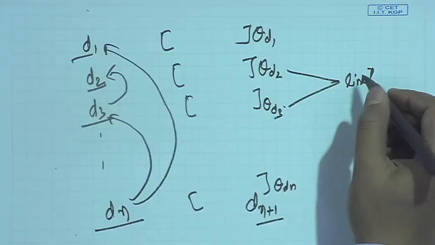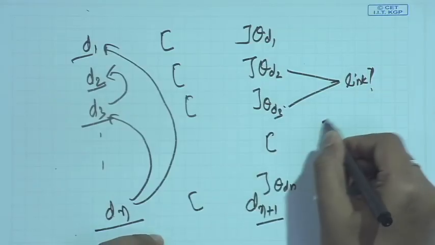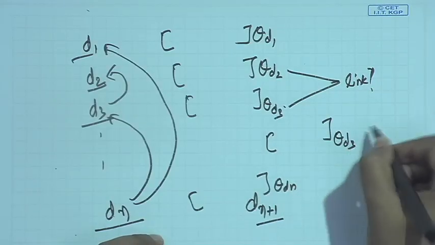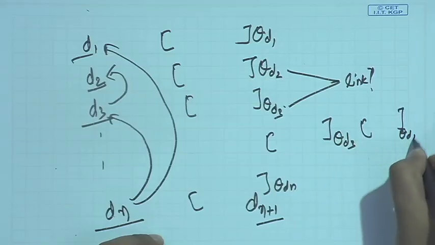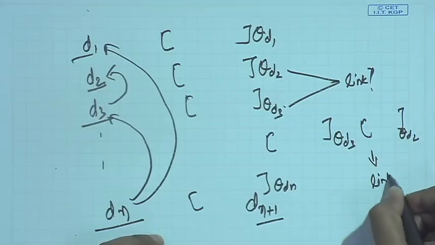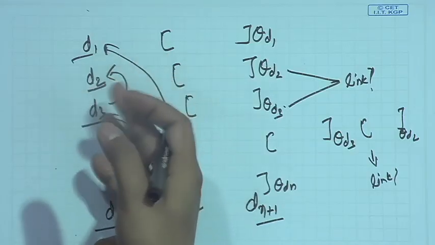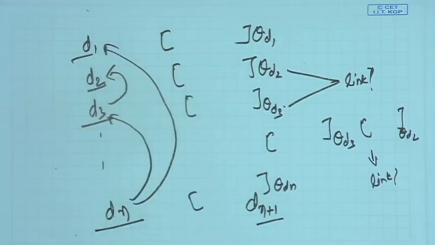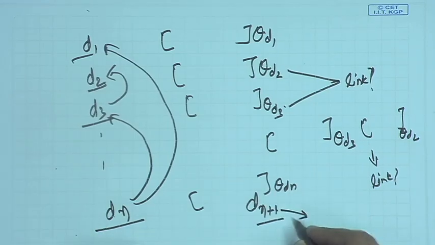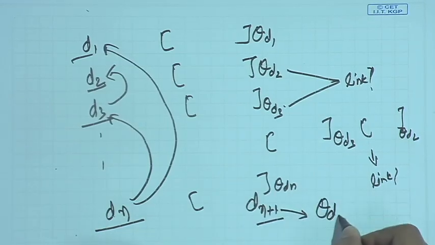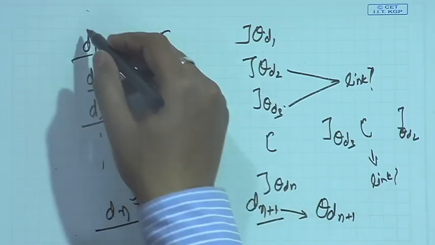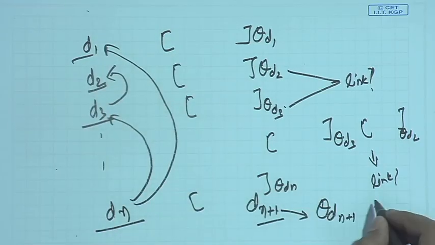Again, you can use regression here, right? Given theta D3 and theta D2, predict the link, yes or no? I have some positive examples wherever there is a link, and negative examples wherever there is no link. At runtime, when I get a new document, using LDA I get theta D n plus 1. Now I try to combine it with D1 to Dn, and find out which one it is more likely to link to. That is one way it can be handled.